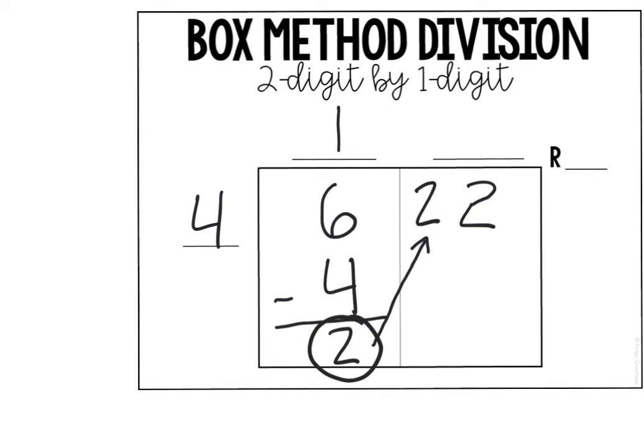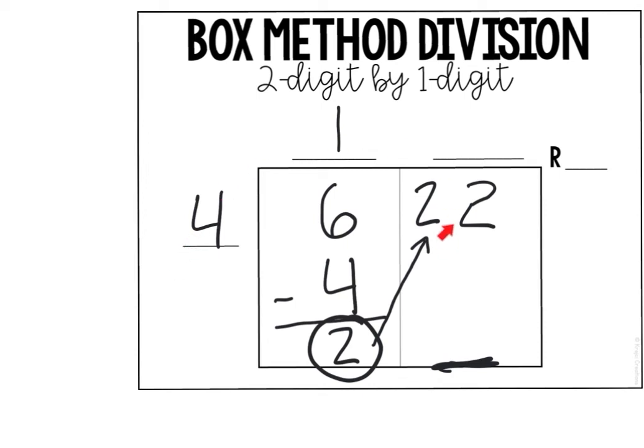So I'm just bundling them into my ones house over here. So I unbundled them, right? So I had 20 little ones and I already had 2 little ones right there. So 20 ones and 2 ones is 22 ones. So now I'm ready to start the process all over again. But this time I'm dividing over here.